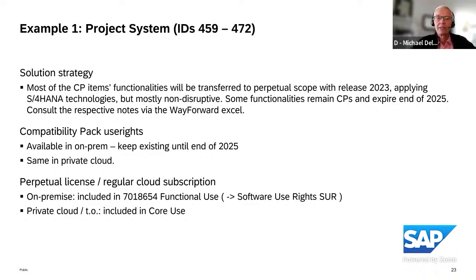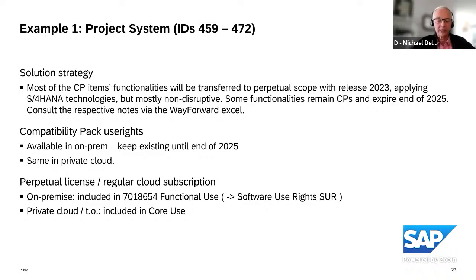So doing something disruptively here in the sense of changing data structures, et cetera, would not have been a good idea. And therefore, the overall solution strategy here is to be as non-disruptive in the renovation of the project system for S/4HANA as possible, meaning we will leave most of the CP items that you find on the list, meaning most of the project system as they are.